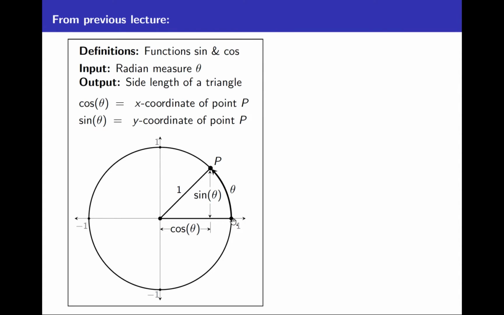Given a radian measure theta, we move along the unit circle, theta radians, to a point P. Cosine theta is the x-coordinate of the point P. Sine theta is the y-coordinate. So cosine and sine of theta can be viewed as the side lengths of this right triangle with hypotenuse 1.